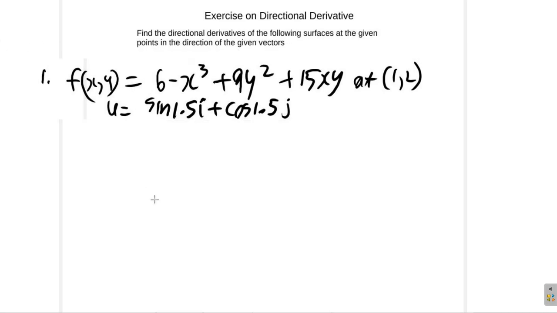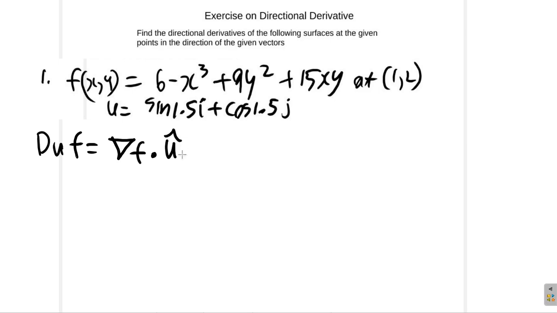So here now, I want to find the directional derivative. The directional derivative in the direction of the vector of the function equals Nabla f, the gradient vector f, dot the unit vector.